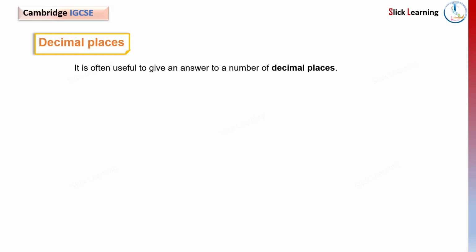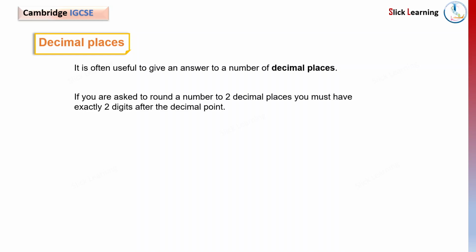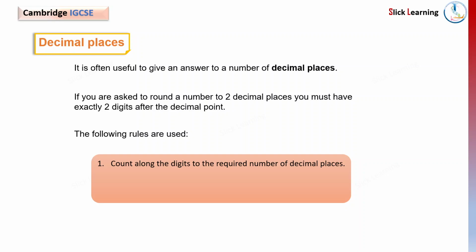So let's see what rules we have to follow to find the decimal places up to a certain number. Here we are going to follow two basic rules. First, we are going to count how many decimal places we require.